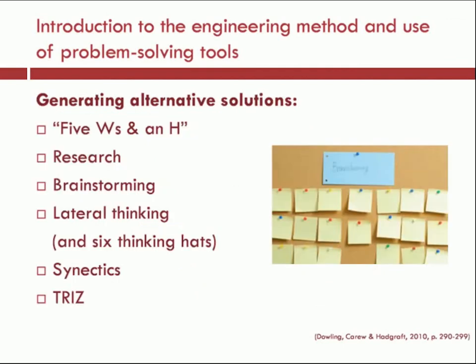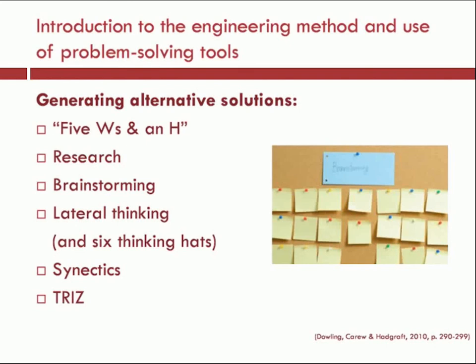Okay, we've talked about the engineering method and its place within the overall project management approach. I want to now move on to some of the problem-solving tools that we can use, particularly as they relate to generating alternative solutions for problems and projects themselves. We engineers are sometimes, unfairly, accused of being not so creative, being very left-brained, very logical, linear in our thinking, which, as I say, is unfair.